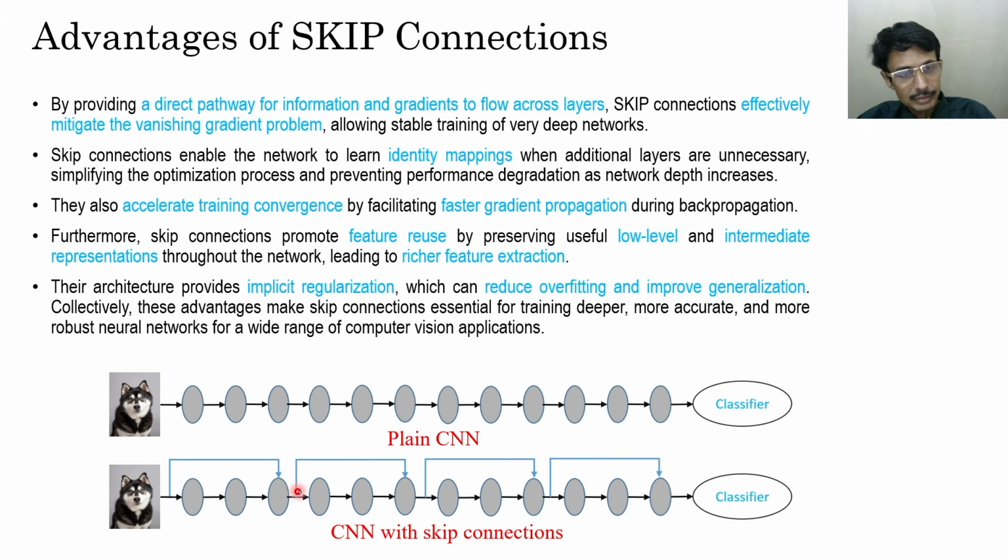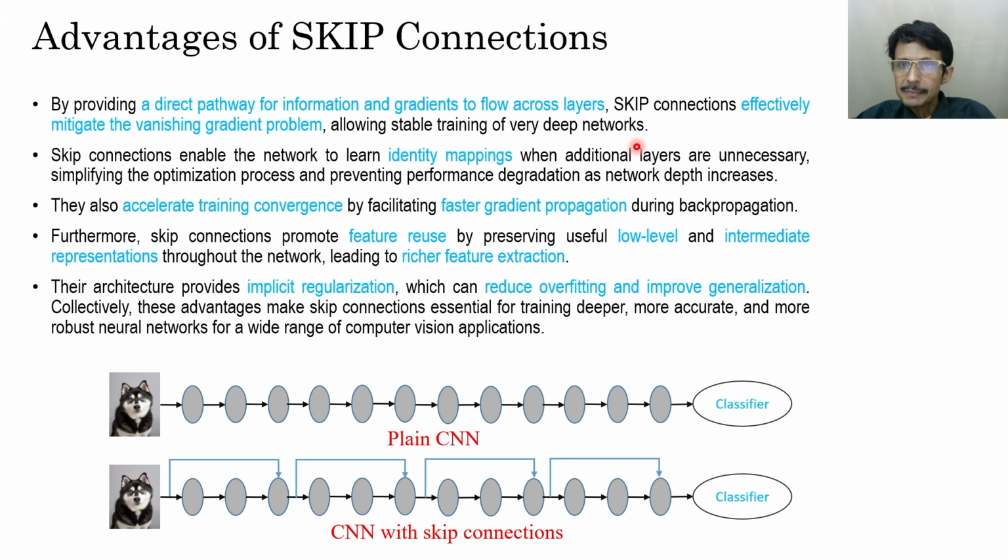When we think from the reverse side, the backward side, there is a direct backward pathway. So that is the direct pathway for information and gradients to flow across layers. It is not only giving a forward path, it works in the backward direction too. It's a connection that basically does not involve the in-between layers.